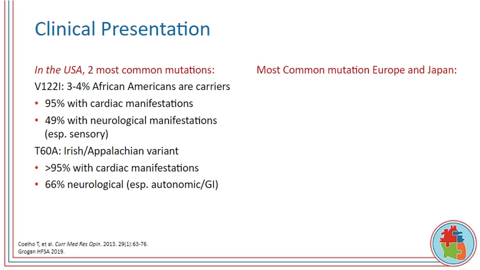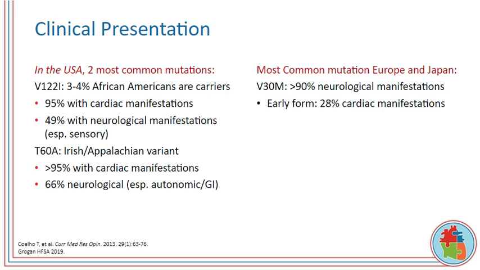The most common mutation in Europe and Japan is V30M, and this presents almost always with substantial neurologic manifestations. So the early form may not have much cardiovascular manifestations, but later on it does develop in that way. So you can see, depending on the mutation, the disease may be manifested in different ways.